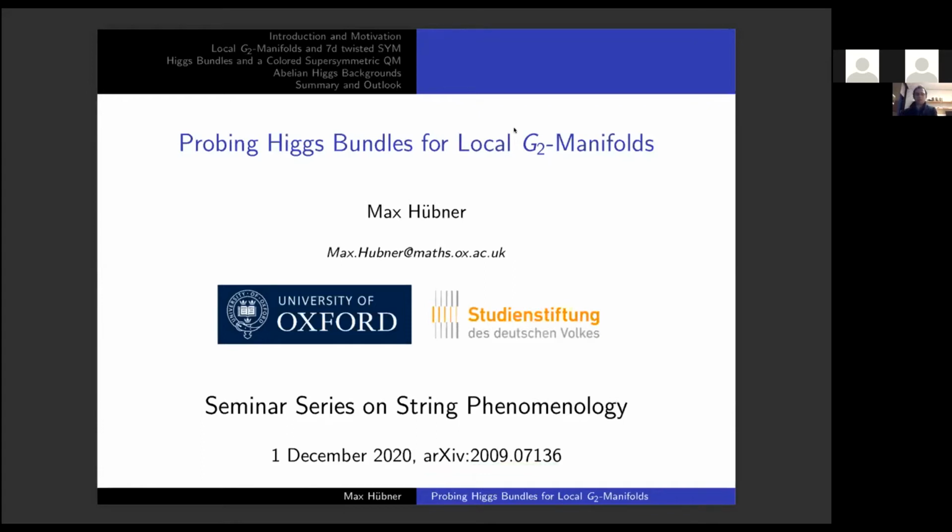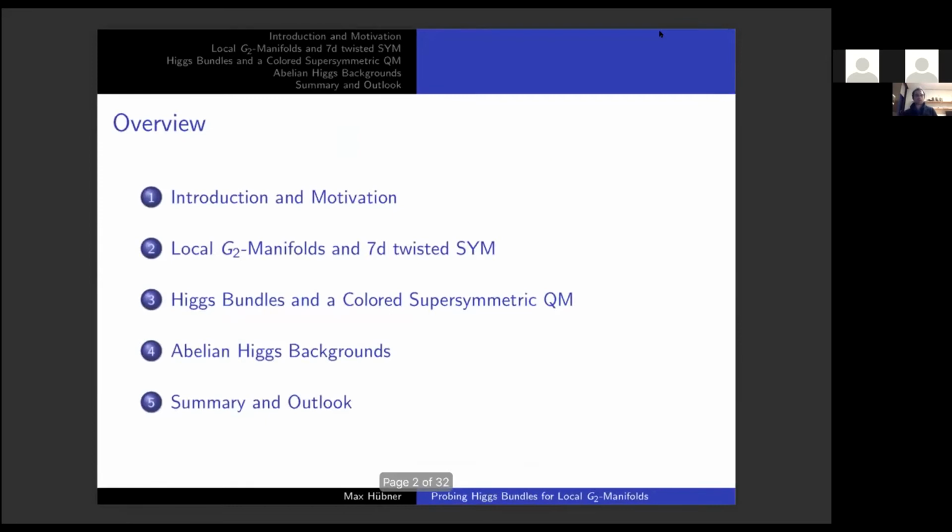Great, so I've decided to structure my talk as follows. After a brief introduction and some motivation, I'm going to talk about the particular class of geometries we're going to be interested in today. Then I'm going to discuss the 7-dimensional field theories these engineer in M theory, and discuss the supersymmetric moduli space and the vacua of the 7-dimensional twisted super Yang-Mills theory.